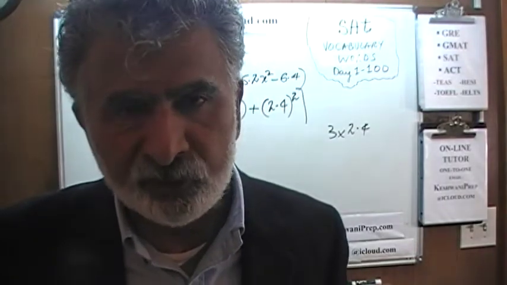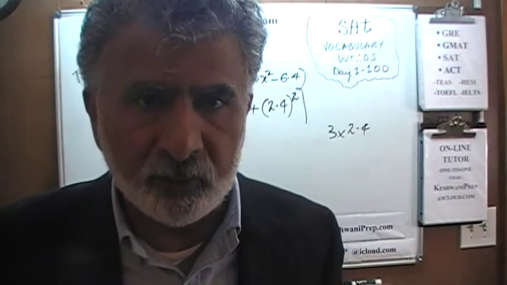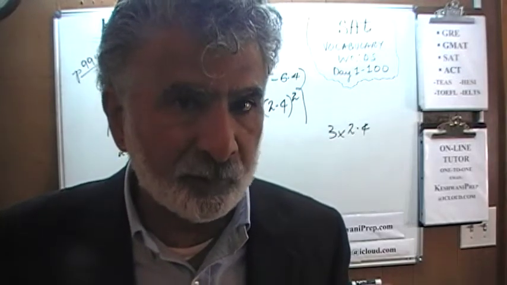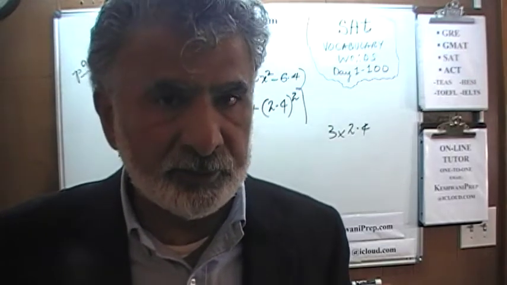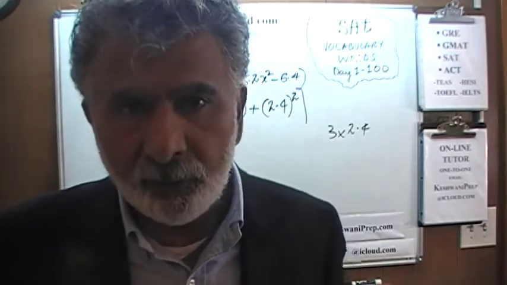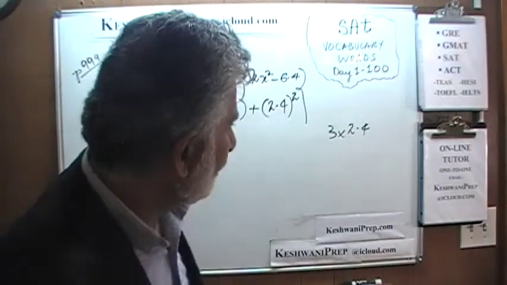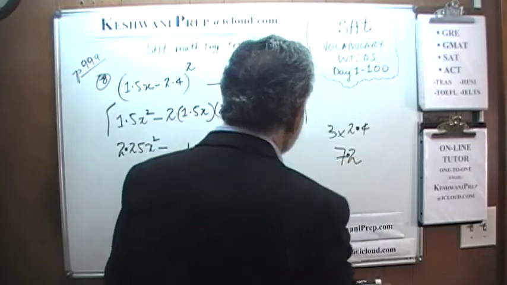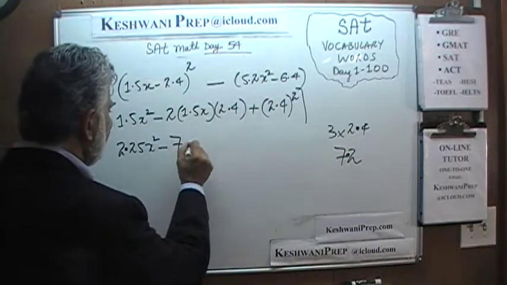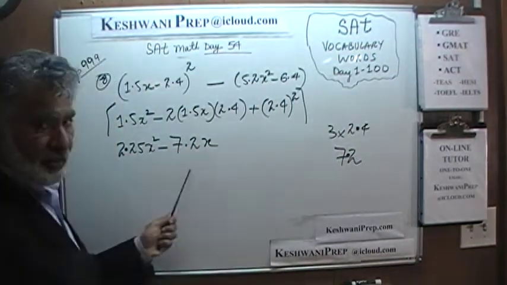Everybody knows that. If 25 threes are 75, then it stands to reason that 24 threes, just one fewer 3, should be 72 instead of 75. Except we don't have 72 because it's decimal, it's 7.2x. So that takes care of that part.